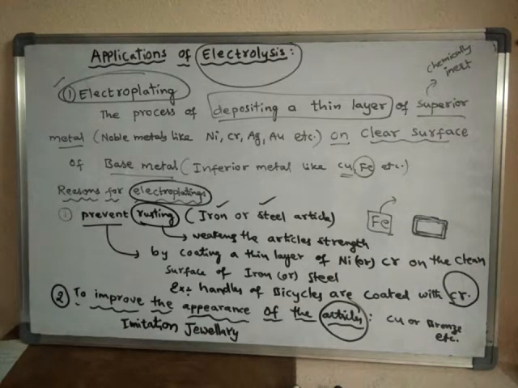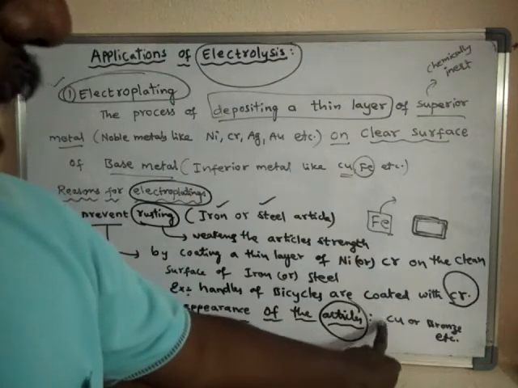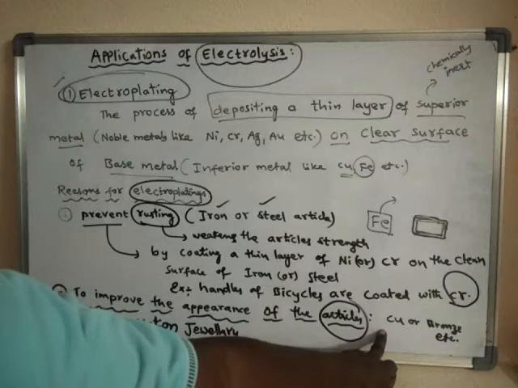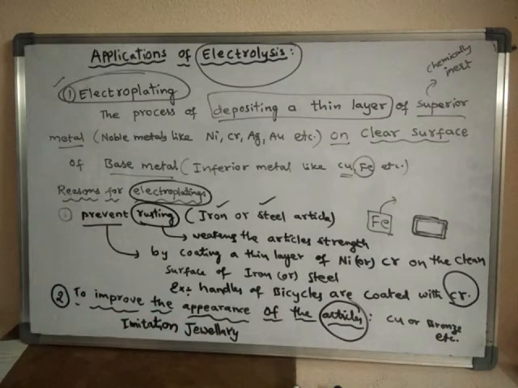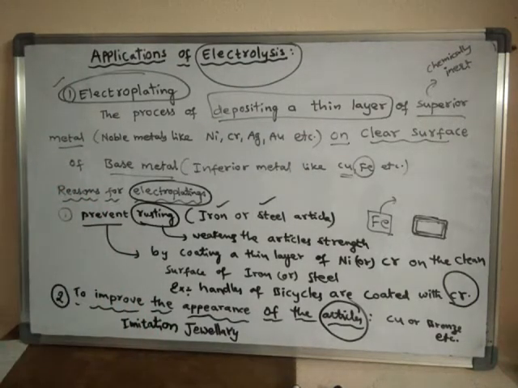Actually, what is imitation jewelry? Suppose gold or silver is coated on jewelry which is made up of copper, then what happens?